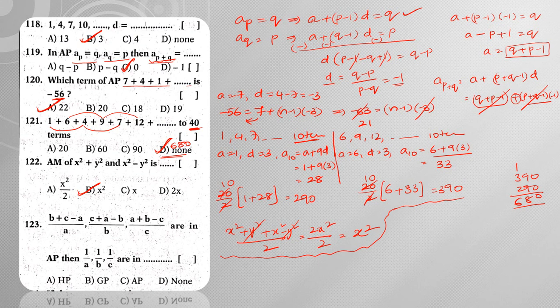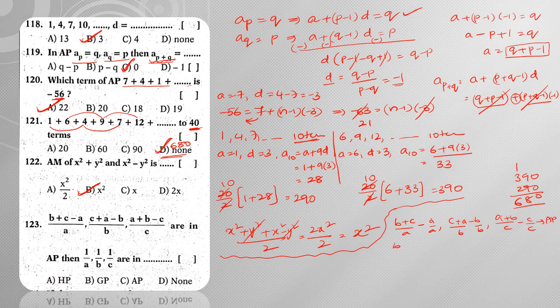So for that, what can I do here? If I split this, b plus c by a minus a by a, comma, c plus a minus b, so this by b and this is also by b. Next, a plus b by c minus c by c. Now these all are in AP.